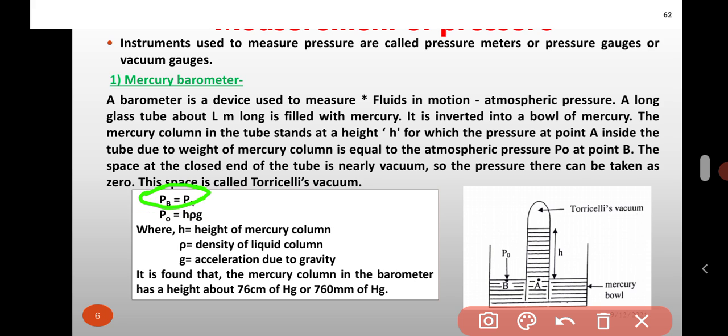Therefore PB is equal to PA. Therefore P0 is equal to h rho g, where h is the height of the mercury column, rho is the density of the liquid, and g is the acceleration due to gravity. It is found that the mercury column in the barometer has a height of about 76 cm of Hg or 760 millimeter of Hg.